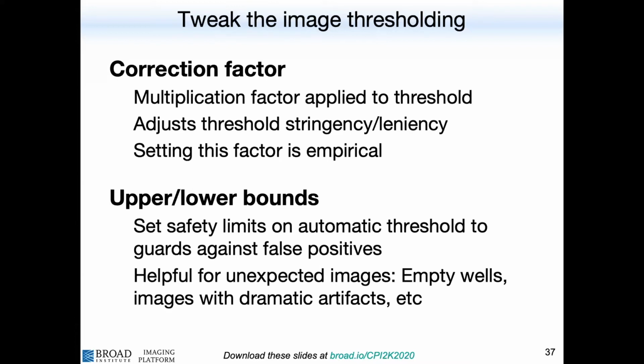You can also set upper and lower bound thresholds, which is really nice when you have, for example, some wells that are empty or some wells that have some artifacts in them.